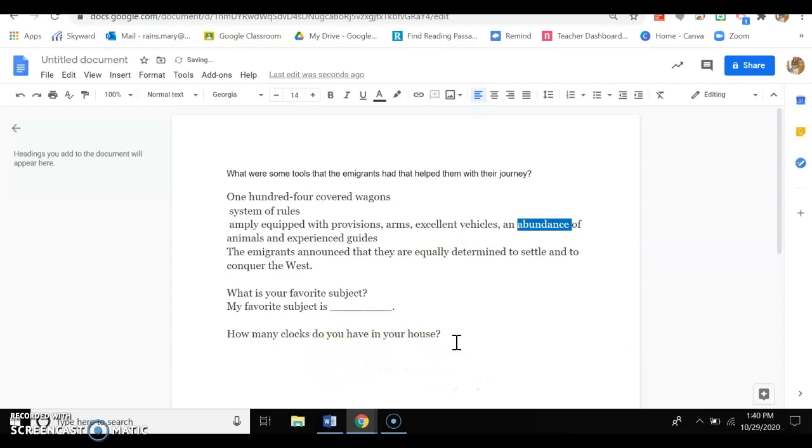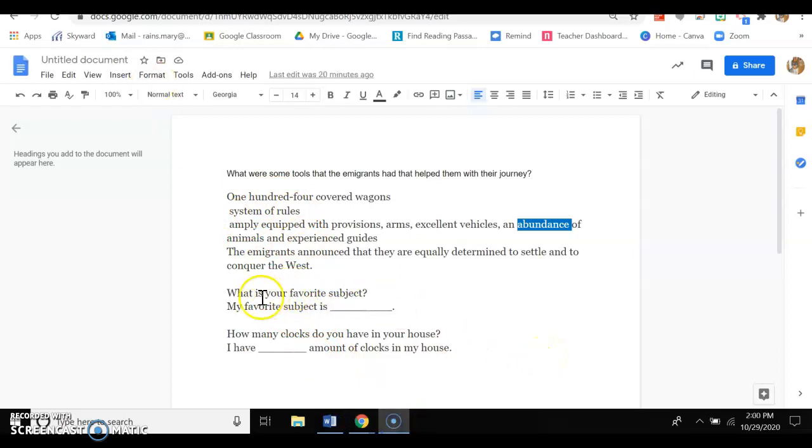So instead of "your," in this case it would be "I," and then you're using the same language. I have blank amount of clocks in my house. And again, you restated and answered using that RACE model.